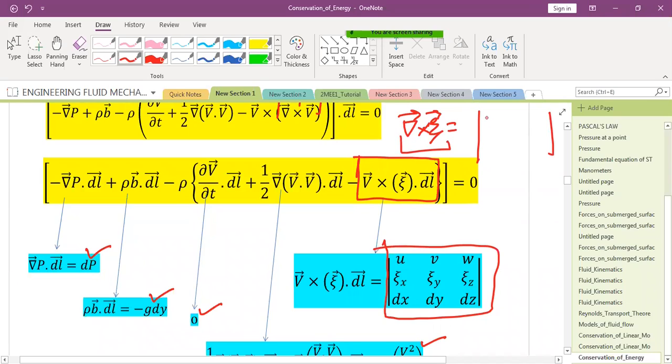What should I write down? i, j, k, curly by curly x, curly by curly y, curly by curly z. What else? Yes, for zeta also it will come, zeta x, zeta y, zeta z.